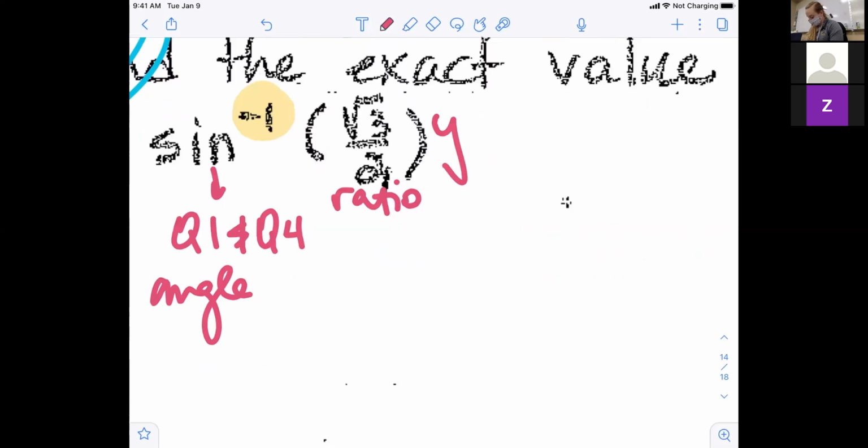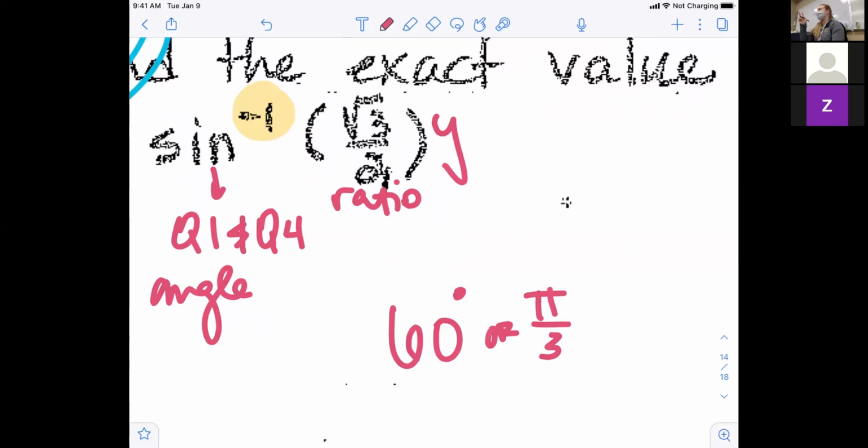60? Or pi over 3? Does everyone see that the only place that there's a positive root 3 over 2 in quadrants 1 and 4 is at 60? There's another one on my unit circle though, in the second quadrant, right? What angle is that?